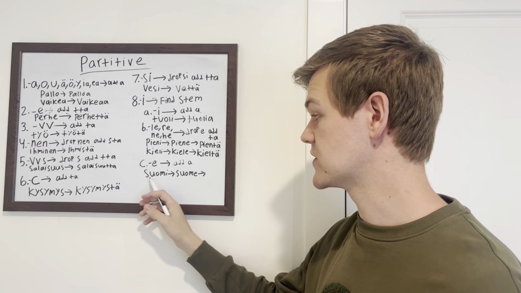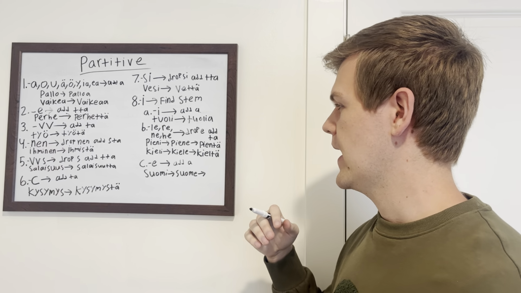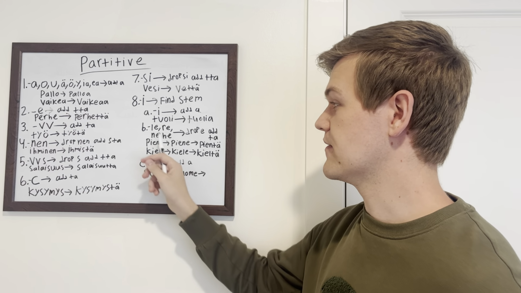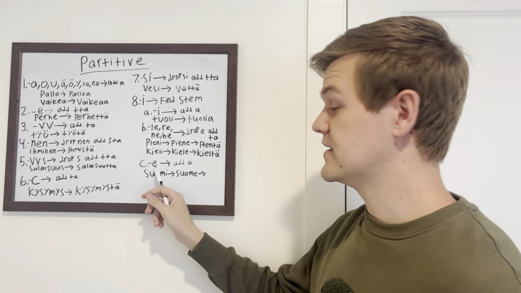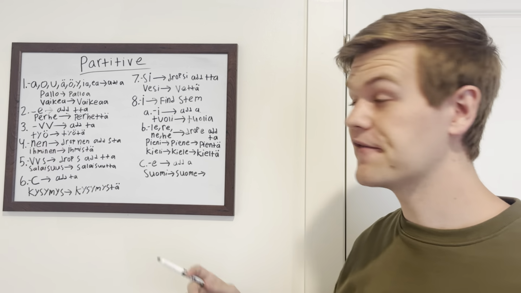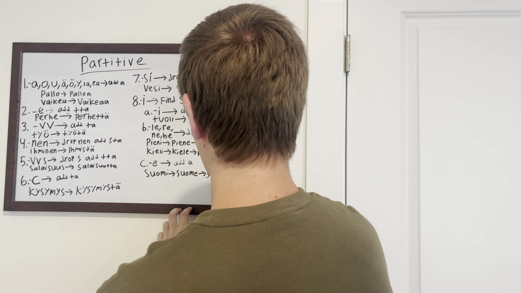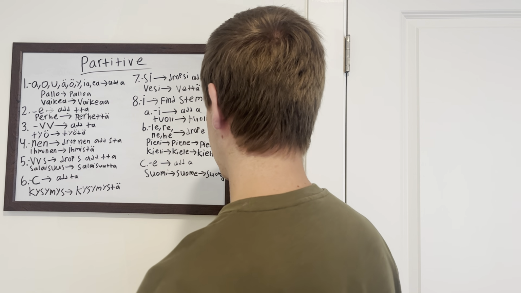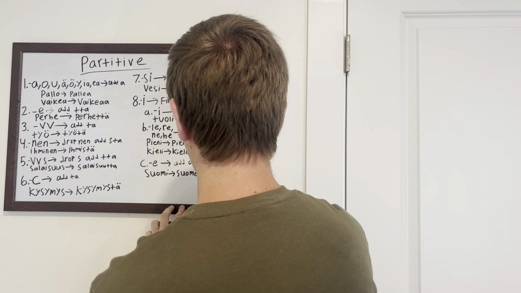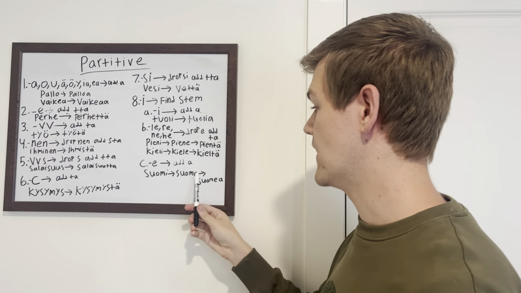So, for example, the word suomi, its stem is suome, and we see that the stem does not end in I, and isn't any of these, but it is still ending in E. So with Suomi, which is obviously Finland, I can say Suomea. Sorry, I kind of ran out of room there. I'll write it below. Suomea.